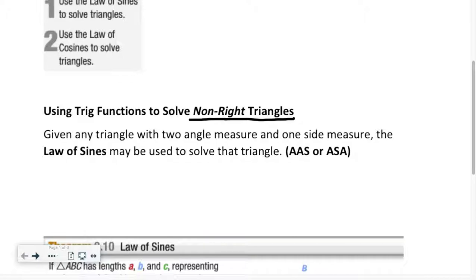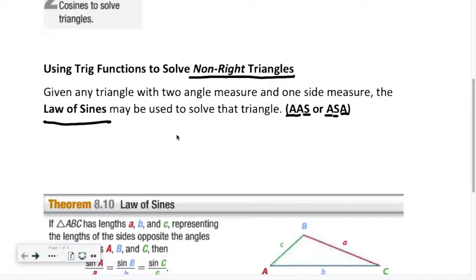Given any triangle with two angle measures and one side measure, the law of sines may be used to solve that triangle. So anytime you have two angles and one side, any combination of that, you can use the law of sines to solve that triangle.